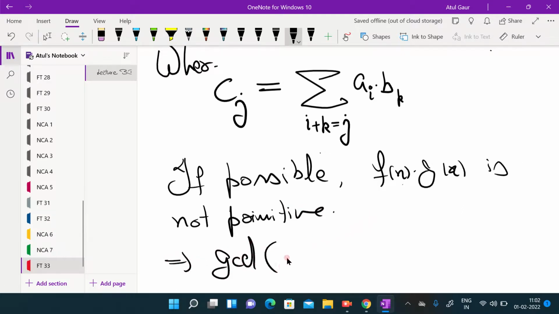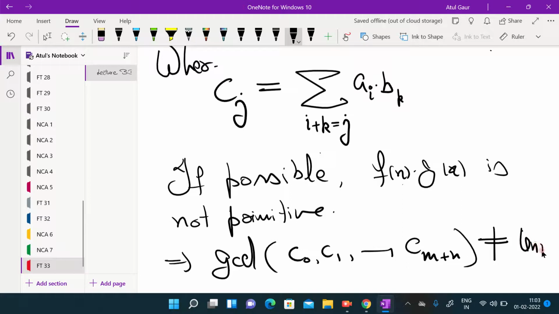GCD of c_0, c_1 up to c_{m+n} cannot be 1. Cannot be 1 means cannot be a unit. अब अगर ये non-unit है, सिंपली ऐसे ही लिख देते हैं इसको, non-unit है.